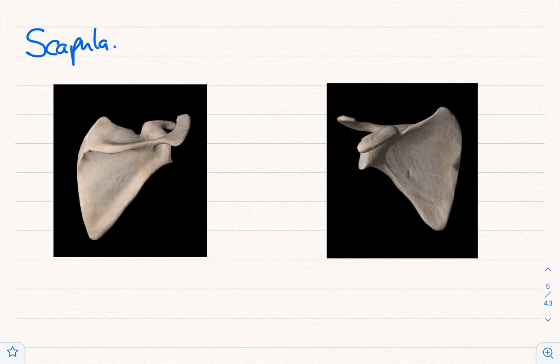That's called the glenohumeral joint. So glenoid, because of the glenoid cavity, and then humeral, obviously the humerus. You've also got this thing with the shoulder joint. It's really easy to get shoulder dislocations because it's actually a very unstable joint.